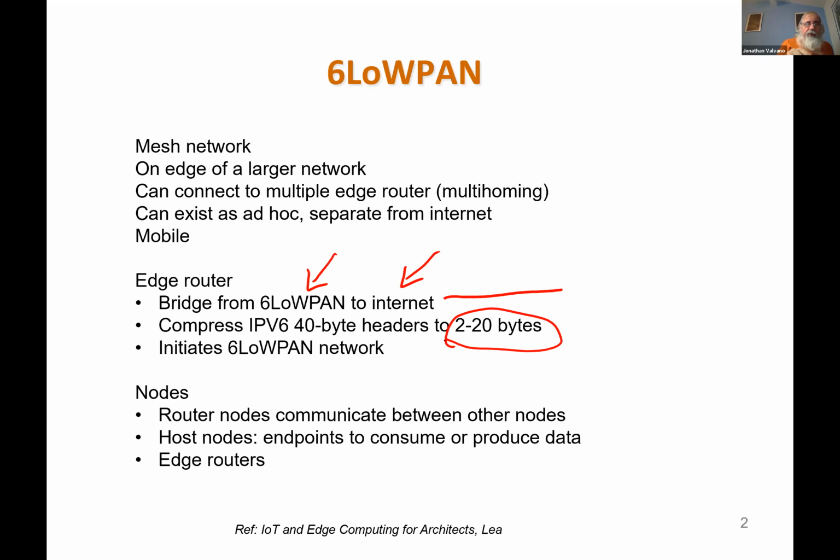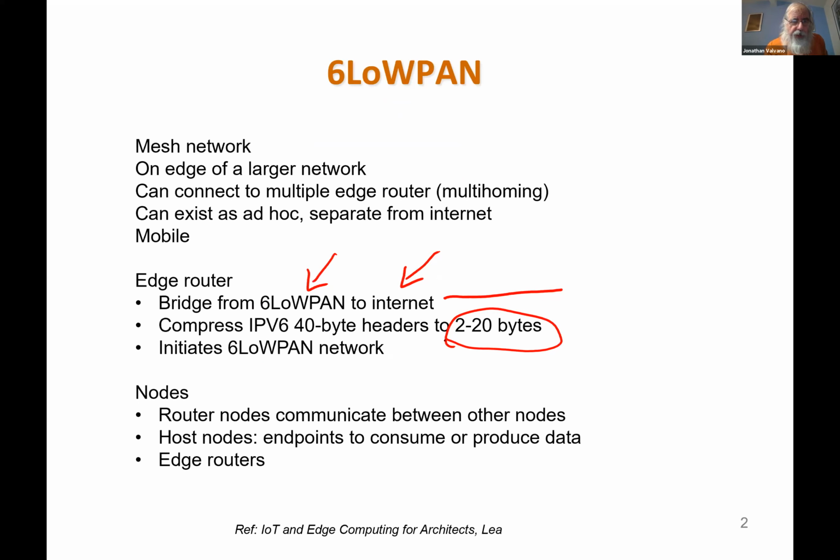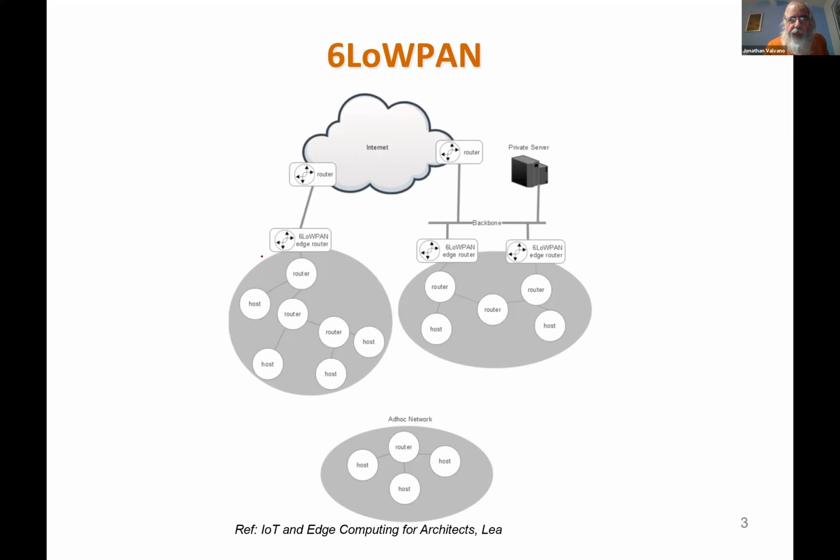And then there are three types of nodes, and I'll show you the picture. The first is an edge router, and the edge router is this one, the bridge. So there are my edge routers, and the dark circles are the 6LoWPAN networks.